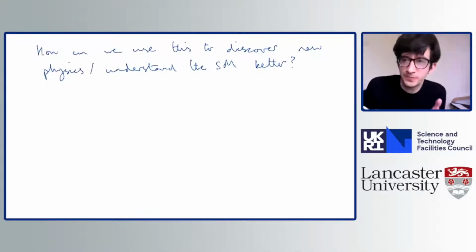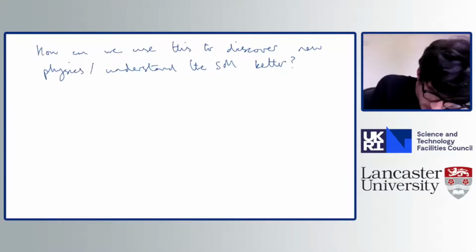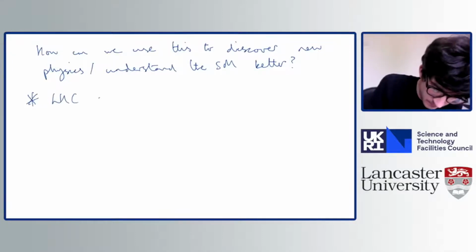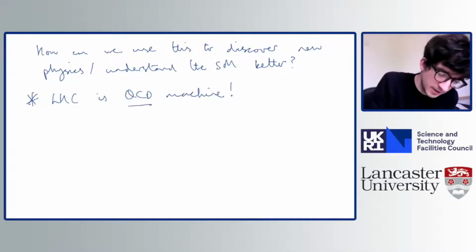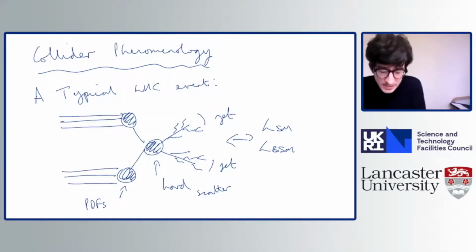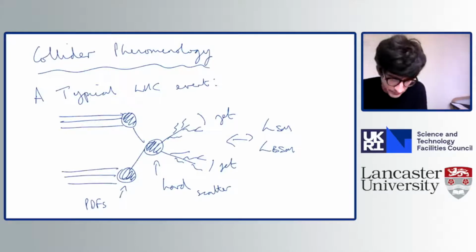So maybe the first statement to start with is that the LHC is a QCD machine. It's implied in the drawing I've shown you, which is that the hard scatter here could be Higgs boson production or SUSY particle production, maybe, or some electroweak process.